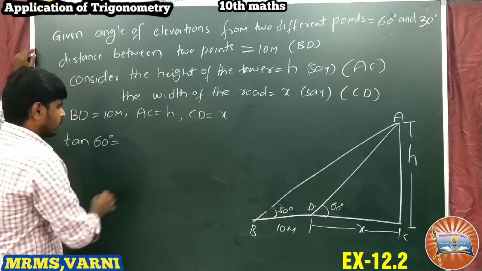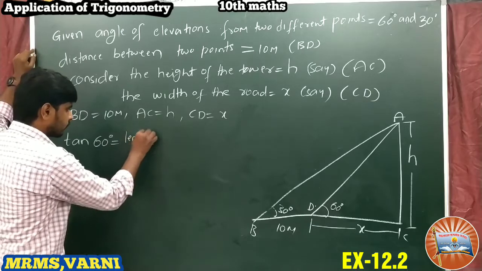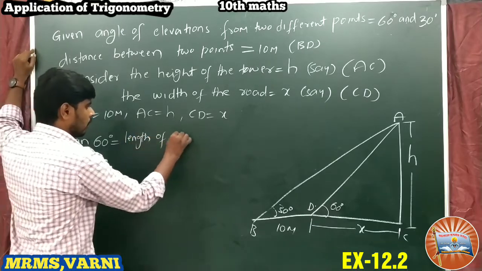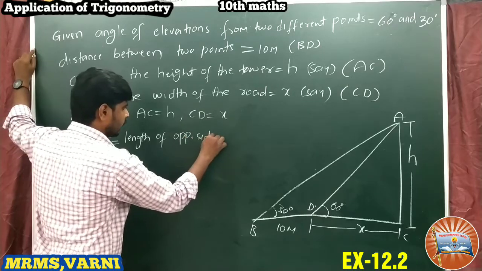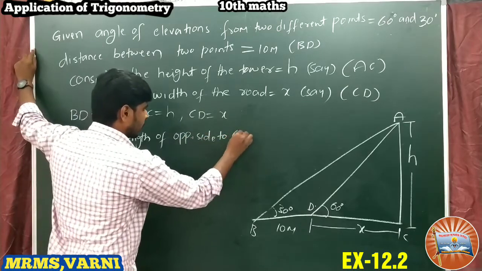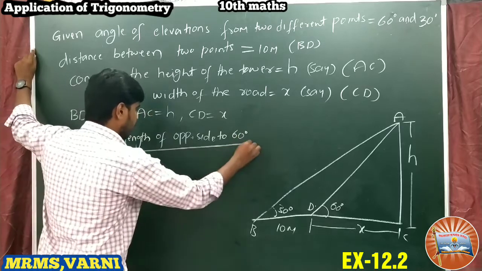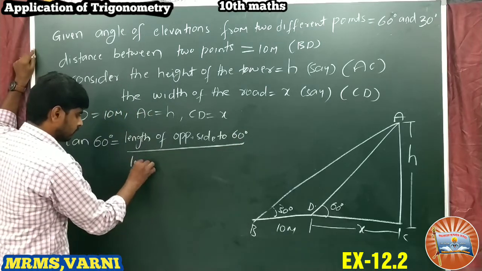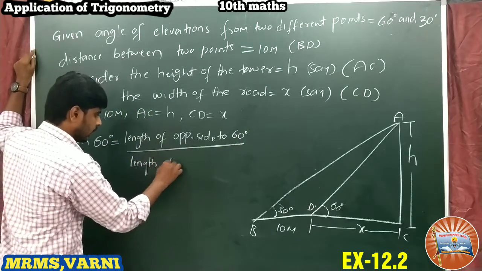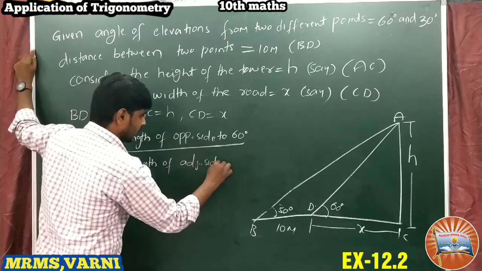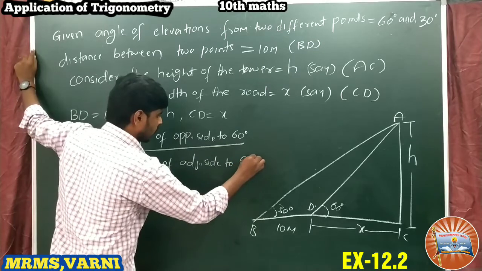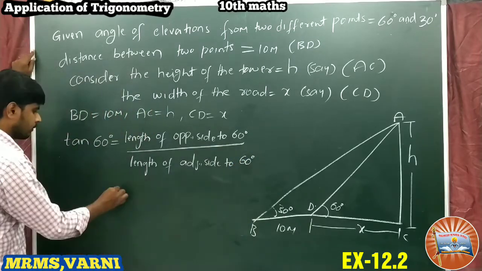Okay, right. So length of the opposite side, I am writing in short form, opposite side to 60 degrees by length of the adjacent side to 60 degrees. Okay.